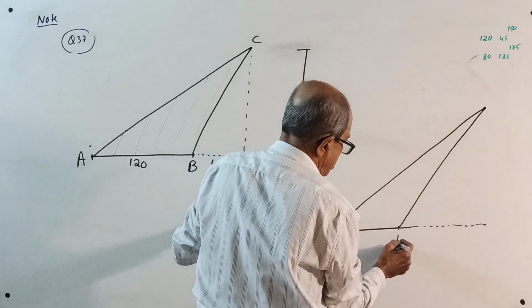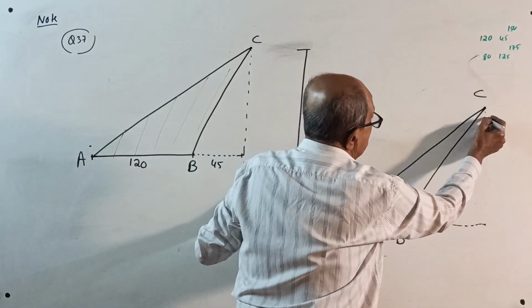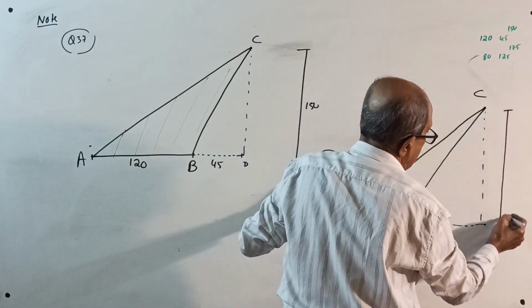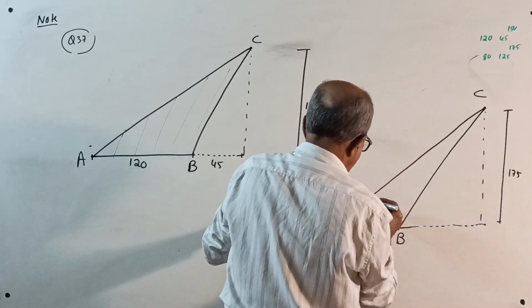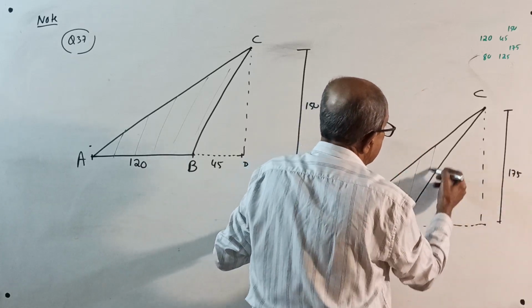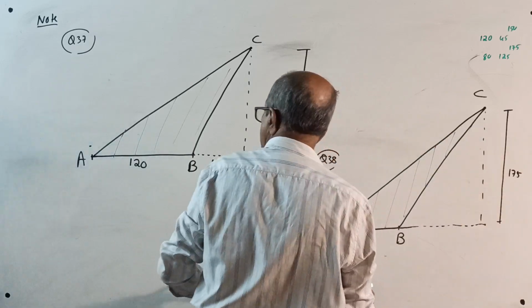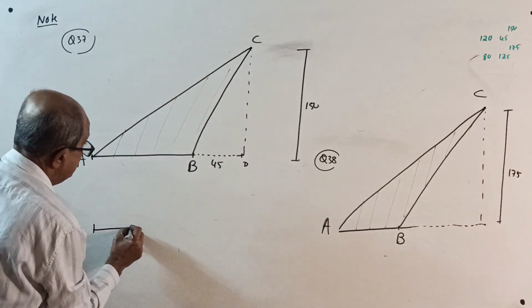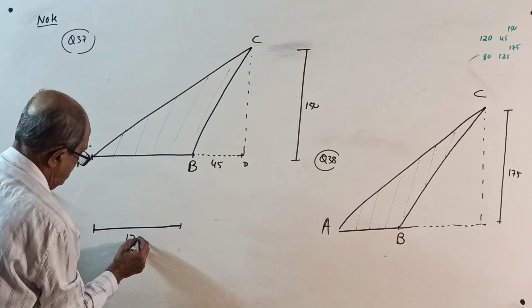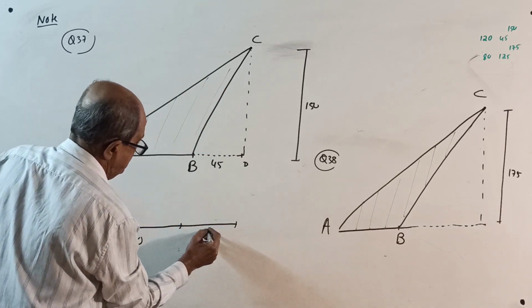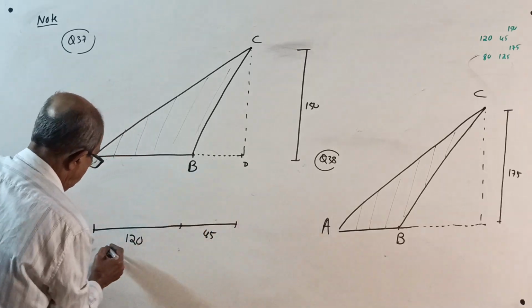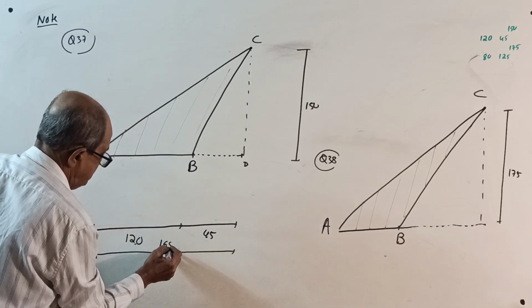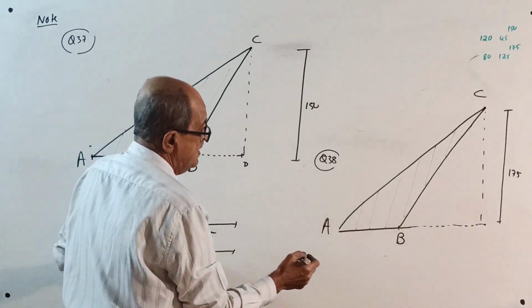A, B, C. If I draw a vertical line here, that height given is 175. Okay. This is our triangle ABC. Then this base, I will put here base length. This base is 120, this is 45. And full, if I want, it is 165. It is not the base, see, here.